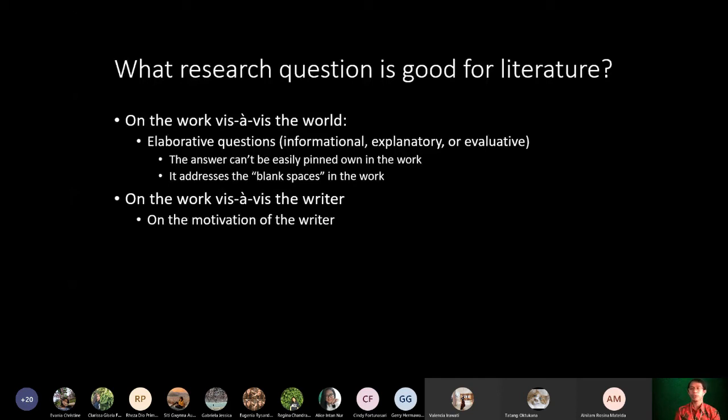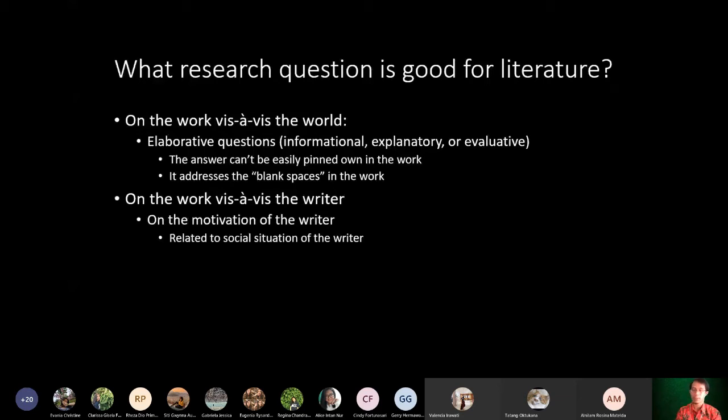And with regards to a writer, the motivation of a writer in writing a work is not only because I want some money, because I want to sell something, because I want to entertain a person, because I want to express my feeling. No, it's not that. But it's related to the social situation around this writer, what kind of country he lives in, what kind of family he lives in, or she lives in, for that matter.